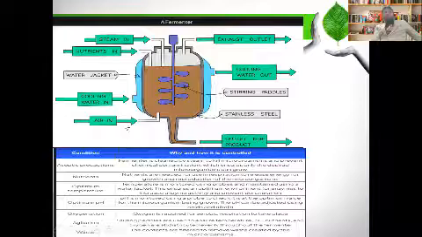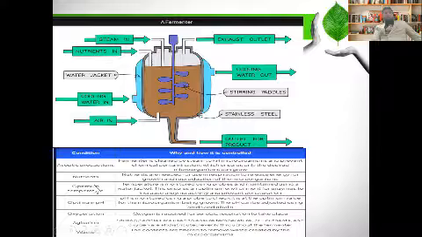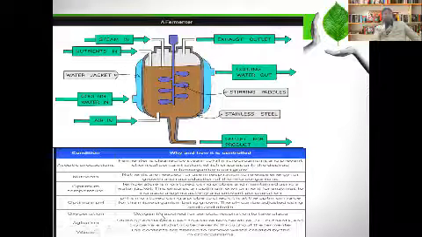For this purpose, we circulate cold air or cold water around the fermenter. Optimum temperature is monitored using probes and maintained using a water jacket. This ensures an optimum environment for the enzymes to increase enzyme activity and prevent denaturation.